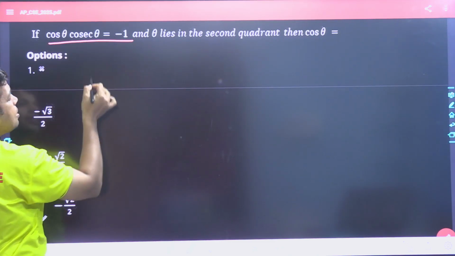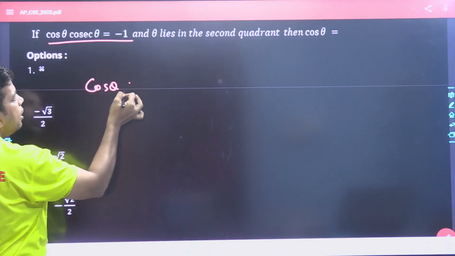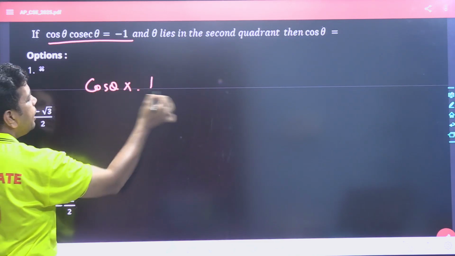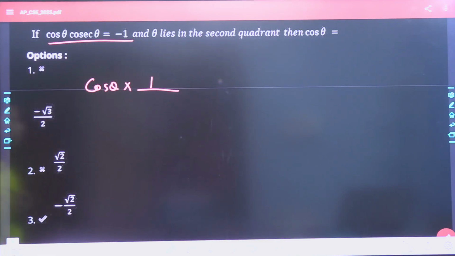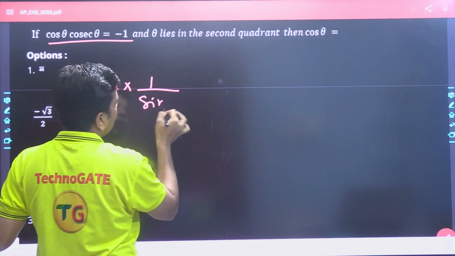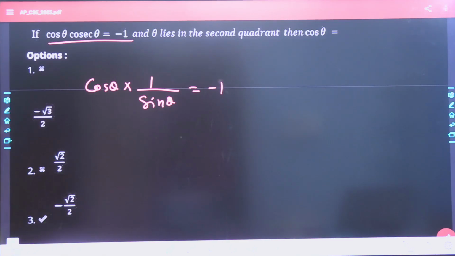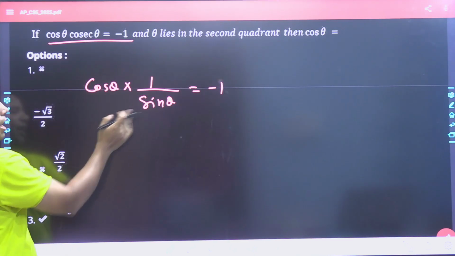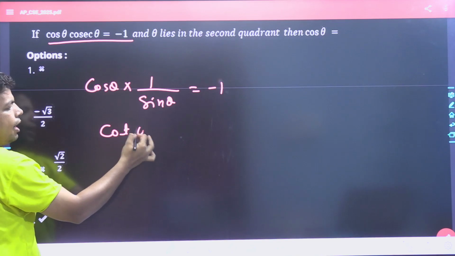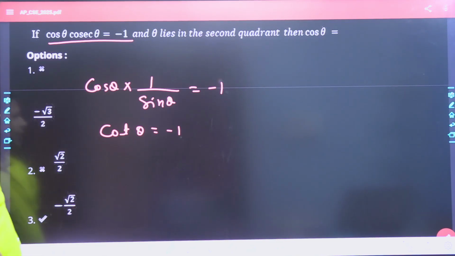It is given to us cos theta into cosec theta, 1 by sin theta, cot minus 1. Cos theta cot theta, the value of cot theta is what?